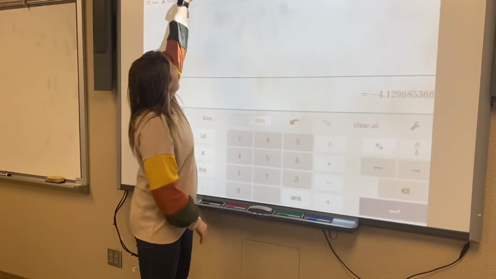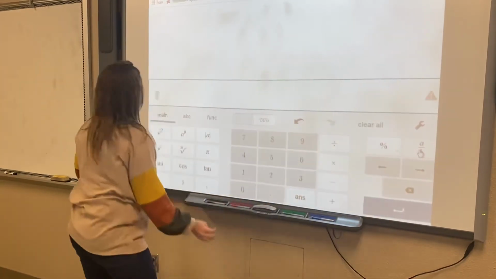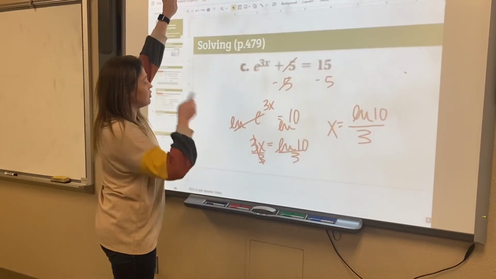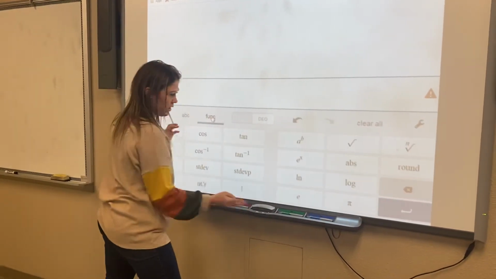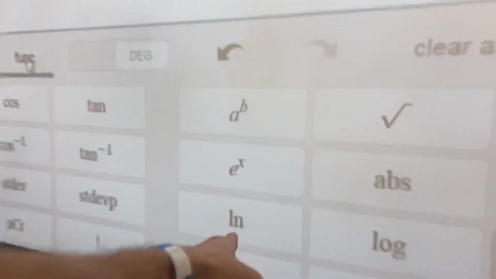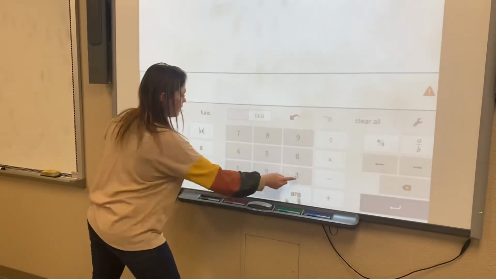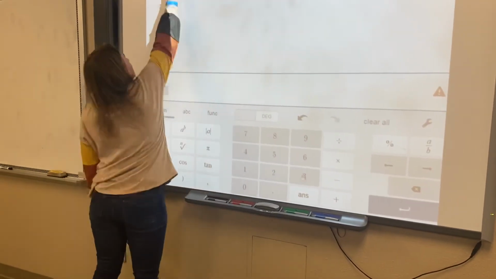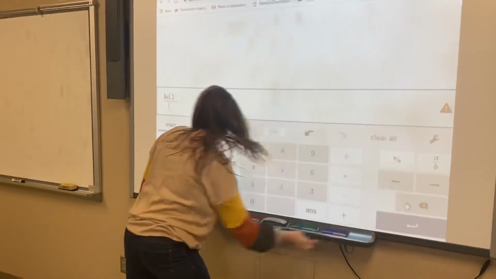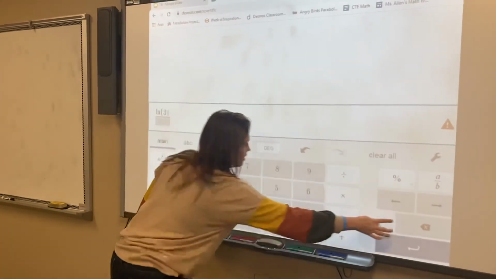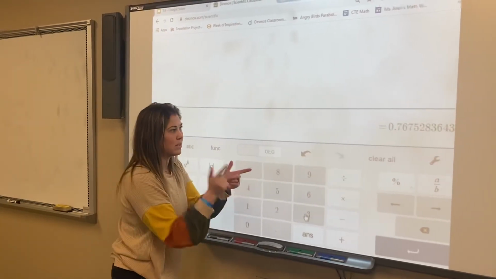So we go to Desmos, and I don't even remember what it was. Natural log of 10 divided by 3. So we have up here the natural log of 3, or is it 10? 10, I'm sorry guys, I got my round off down and now I'm not thinking. 10 over 3, and we get 0.7675.